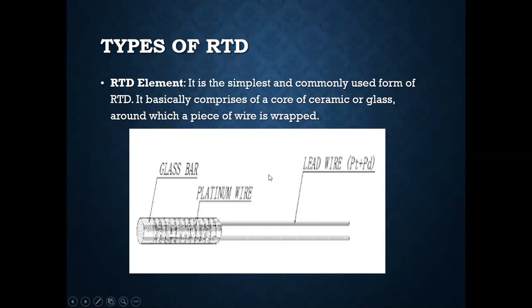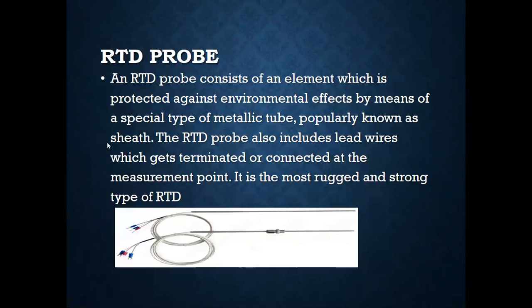Now we are discussing types of RTD. First one is the RTD element, that is the basic type of RTD. Second one is the RTD probe. You can see that it is a probe, an element which is protected. The RTD is protected against environmental effects by means of a special type of metallic tube, popularly known as sheath.